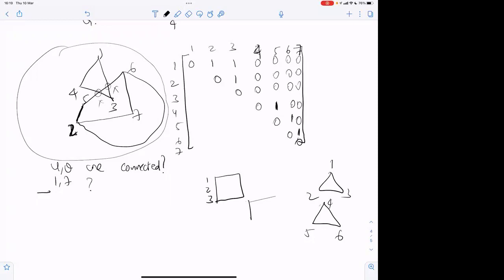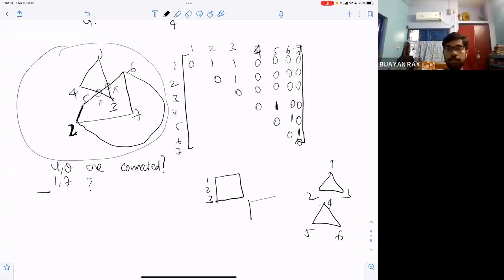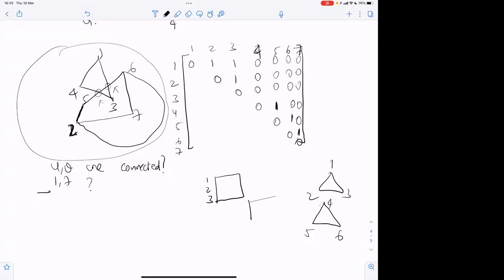So tell me, any more suggestions? Sir, we could try to break the graph into components. Okay, very good. How would you break the graph into components? Like we start at vertex 1 and see where I can go from 1. Suppose I go to 2, then from 2 I see where I can go, and do this as long as I can, so that I get a component of the graph.